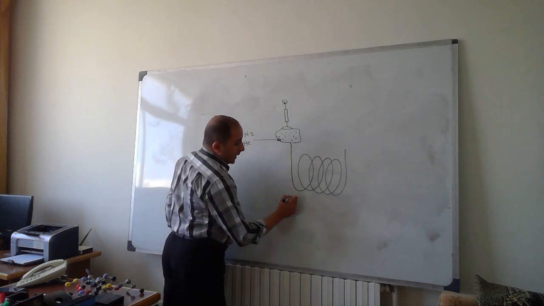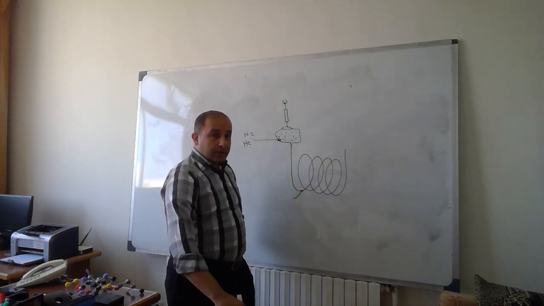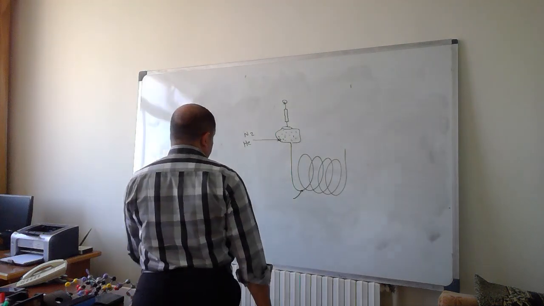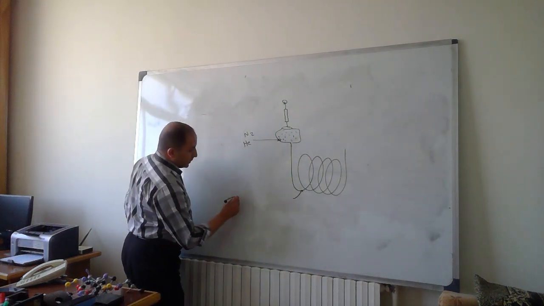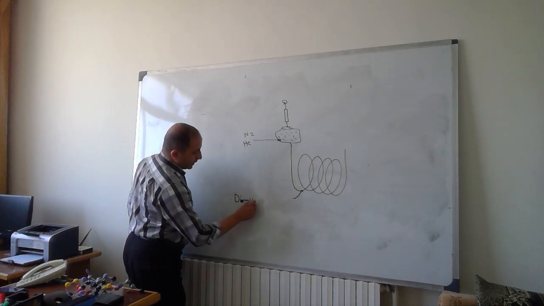Now, inside the column we will have a layer of silica derivative, which is usually dimethyl polysiloxane or phenyl.